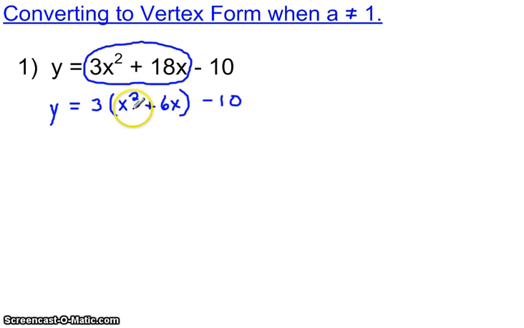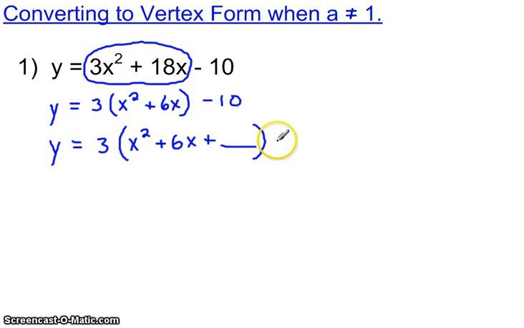So what we want to do here is, just with the x squared plus 6x, we want to complete that square similar to what we were doing before. So I'm going to do y is equal to 3, x squared plus 6x plus blank, and then we've got the minus 10, and since we added blank we have to subtract.